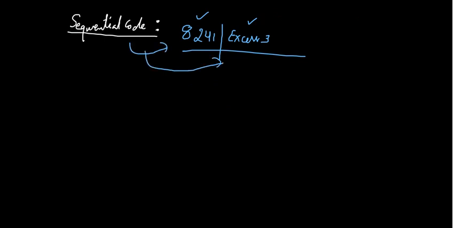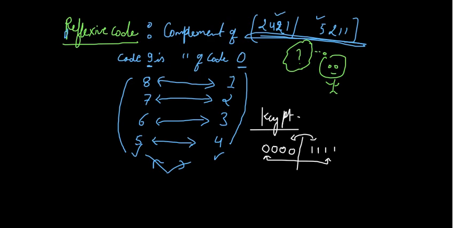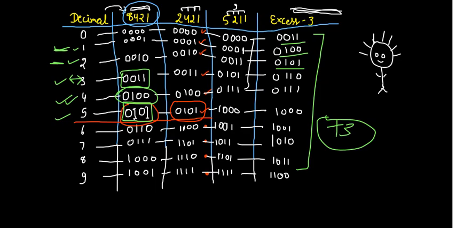It is in a sequence, and this is not in a sequence. Not in a sequence means 2421: if you observe closely, the 4 is the highest number, and then the 2 came, 1 came, 2 came, and then directly 5 came. So these are not a sequence. These are made to understand the reflexive nature of it. Here, if we notice it down, we get the complement of each other and the reflexive nature.